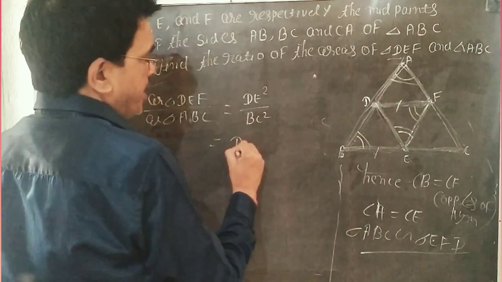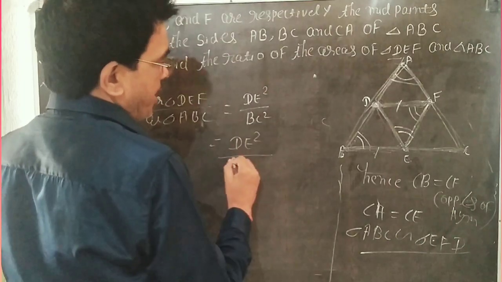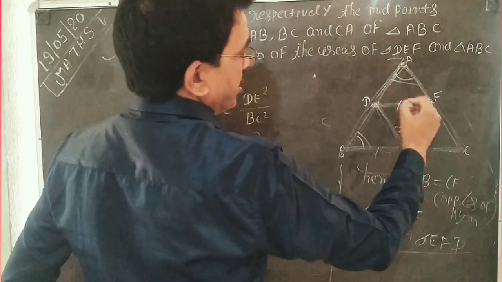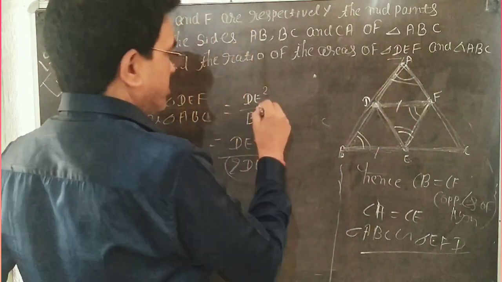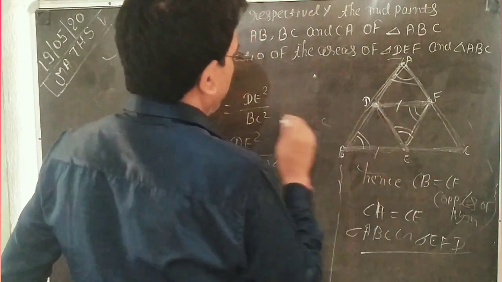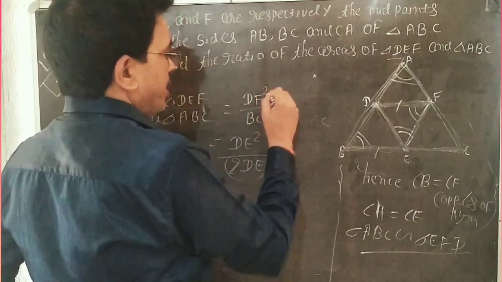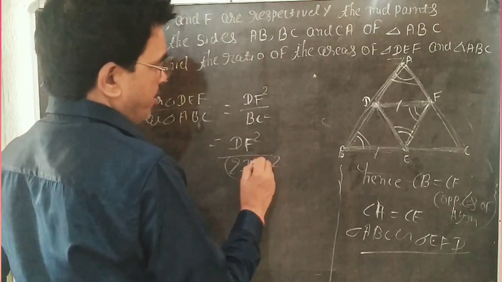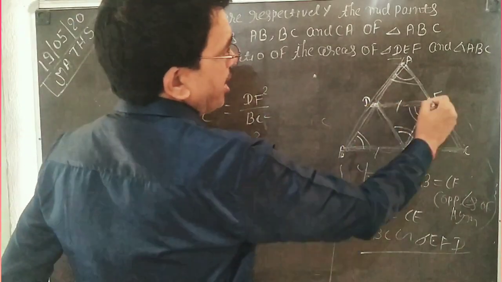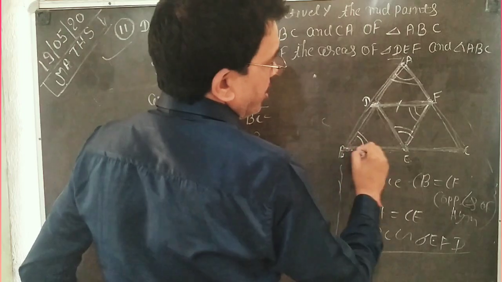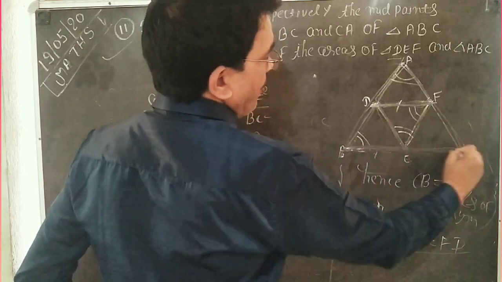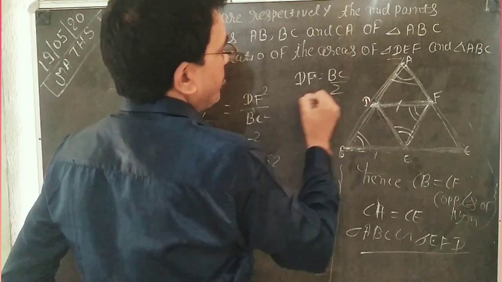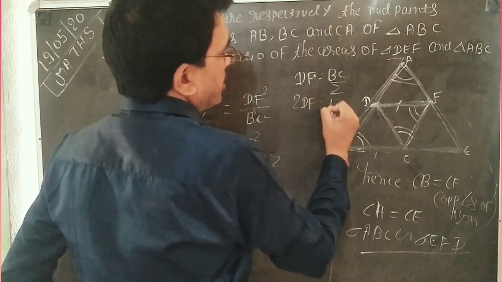This BC you can write as 2DF by the midpoint theorem. Here, DF is half of BC. This DF is equal to BC by 2. Then 2DF is equal to BC.